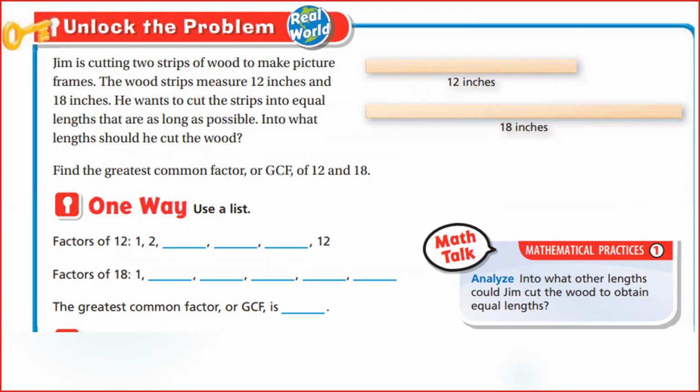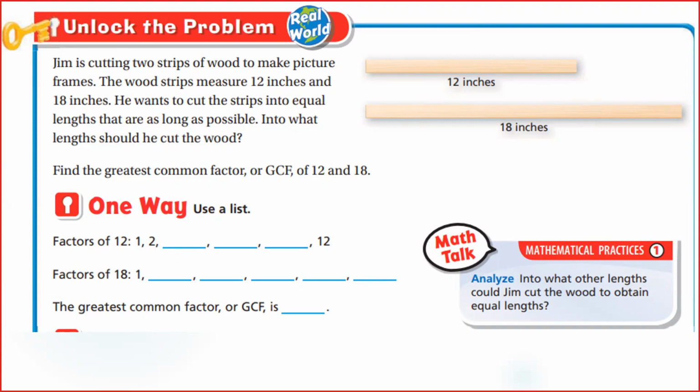Look at this question here. Jim is cutting 2 strips of wood to make picture frames. The wood strips measure 12 inches and 18 inches. We want to cut the strips into equal lengths that are as long as possible.